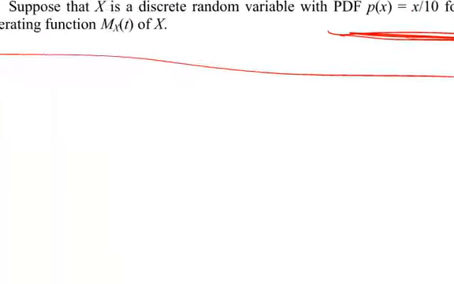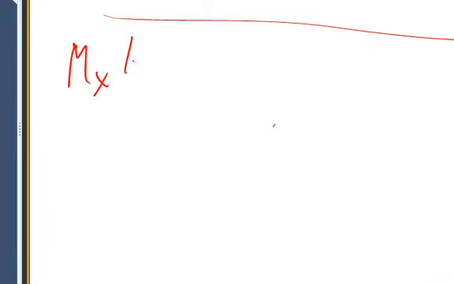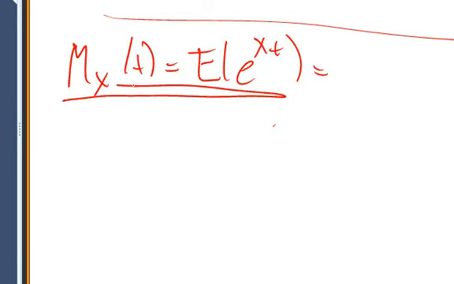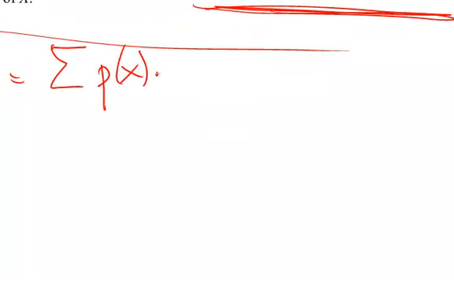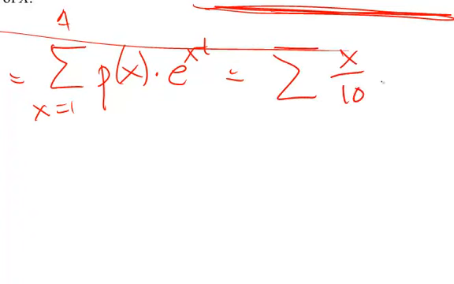Let's find its moment generating function. I always write the definition here so I remember what it is. If I have this, then I know exactly what to do, because this is just the law of the unconscious statistician: p of x times e to the xt over the support, x goes from 1 to 4. So this is just the sum of x over 10 times e to the xt from x equals 1 to 4.